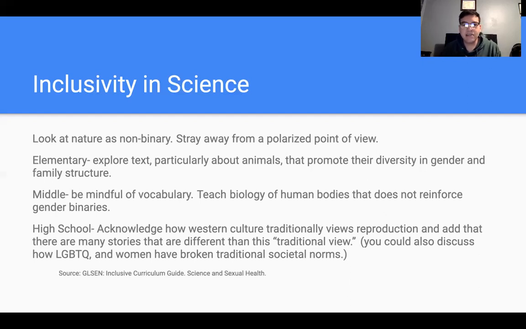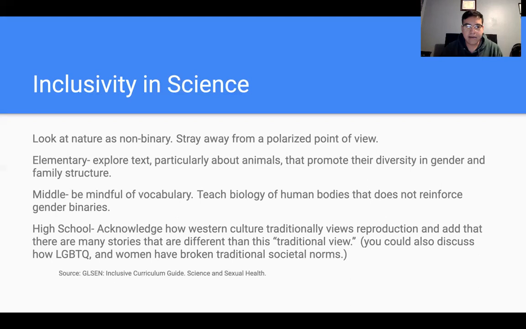And in high school, you want to acknowledge how Western culture particularly looks at traditional views of reproduction and discuss how there's many stories that are different from these traditional views. Another way you can look at science in high school is how science is usually seen as a male dominated field. So you want to look at members of the LGBTQ community or women who have broken these traditional science norms.